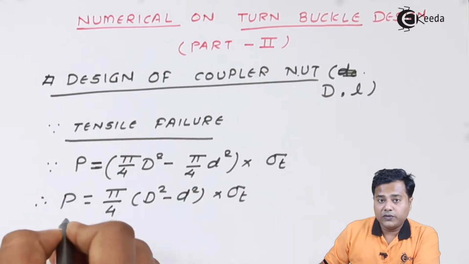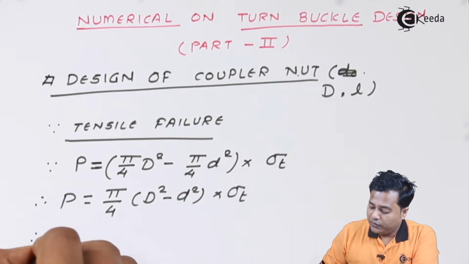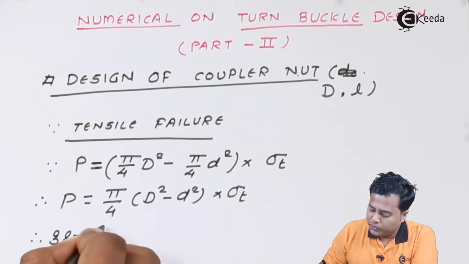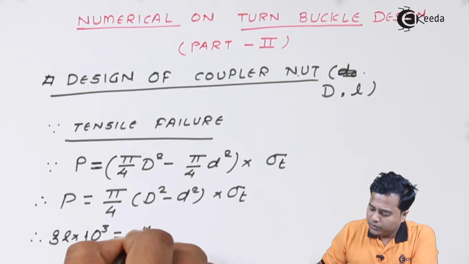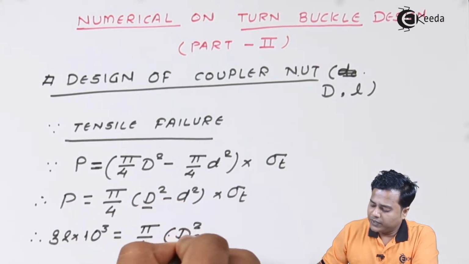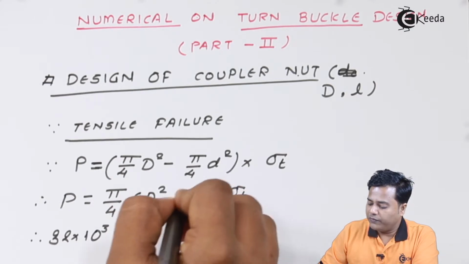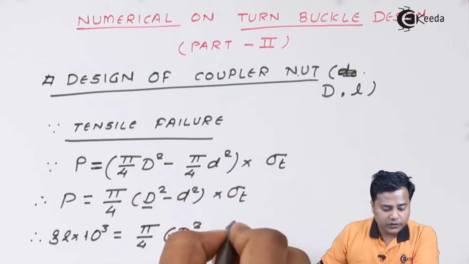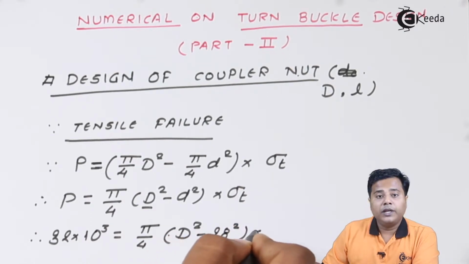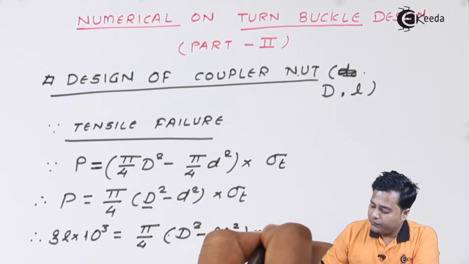Let's substitute the values which we have. The design load we had found out was 32 kilonewton. So 32 into 10 raised to 3 is equal to pi by 4 into the unknown factor minus the known factor, which we have found out is 28 millimeter square, into the allowable value which we have is 84.